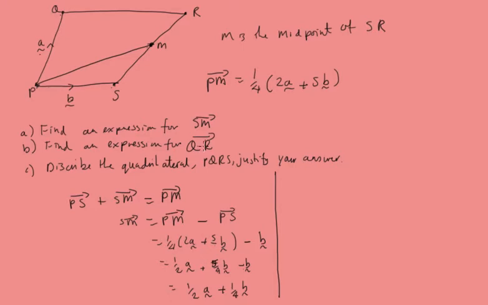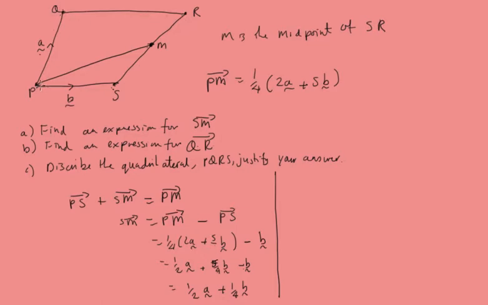Now, put the other one here. We want QR. So QR is over here. And now if we go QP plus PS plus SR, that must be the same as QR.